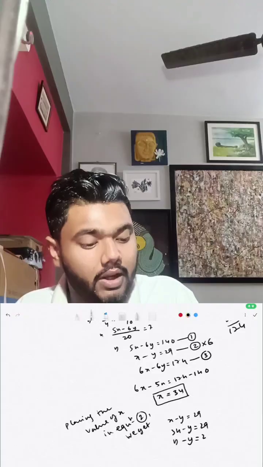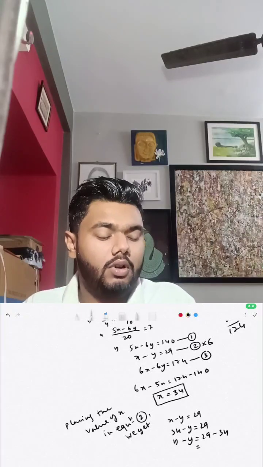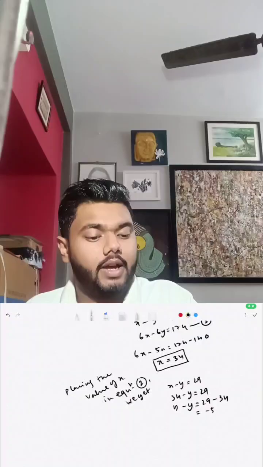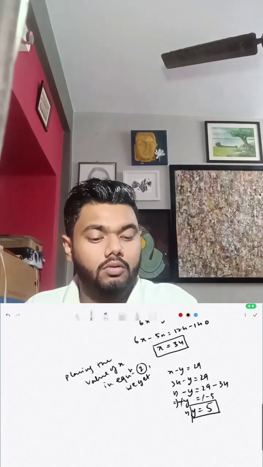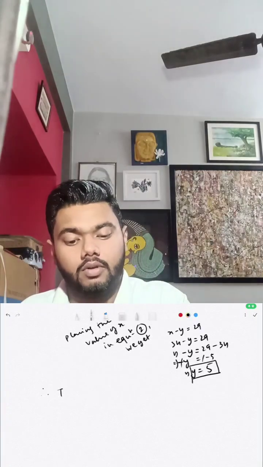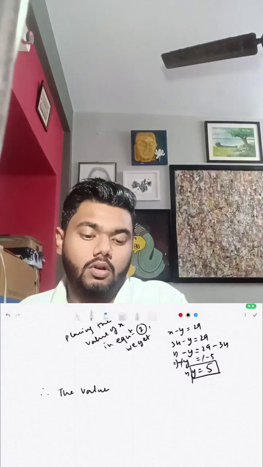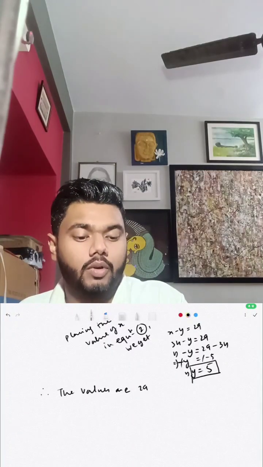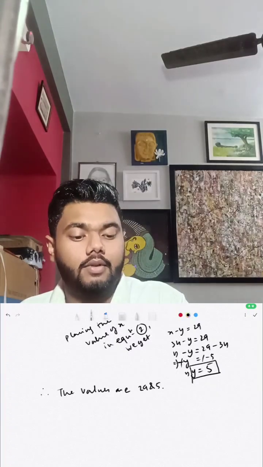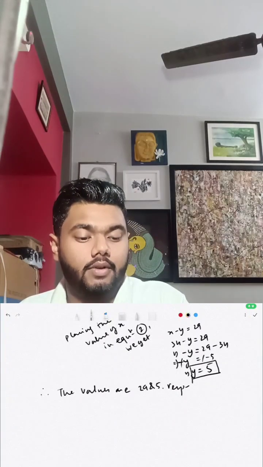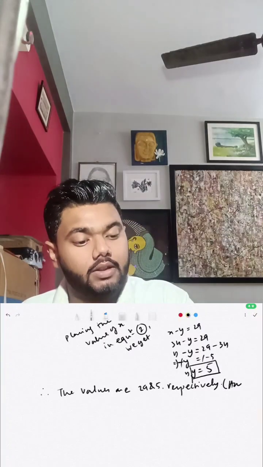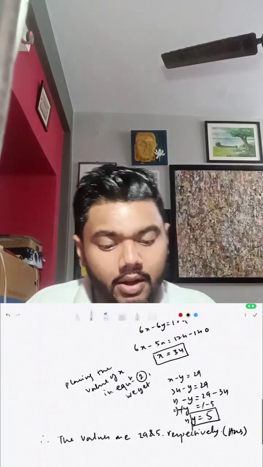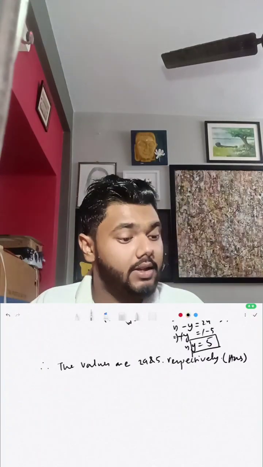So minus y equals 29 minus 34, which is minus 5, so y equals 5. So therefore the values are 29 and 5 respectively, right? Done. This is the answer. So very easy, we can see it, right?